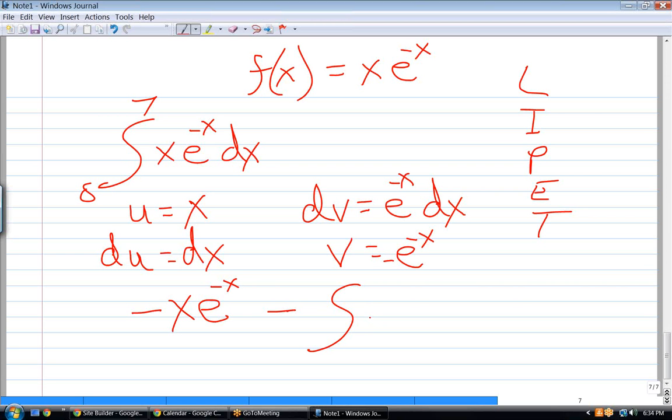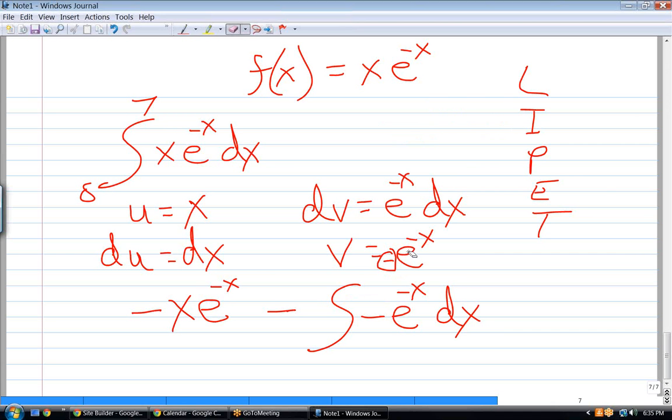Minus the integral of v du, which is minus the integral of e to the negative x over -1 times e to the negative x. Right, that's negative e to the negative x. In other words, we don't need to carry that divided by -1 forward. It just makes the whole thing negative. If I say 4 divided by -1, that's -4.